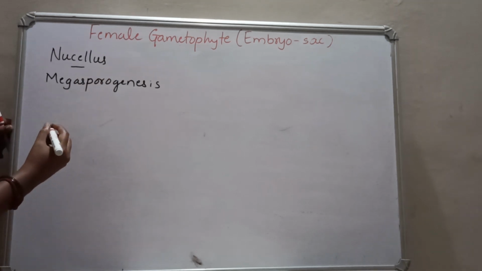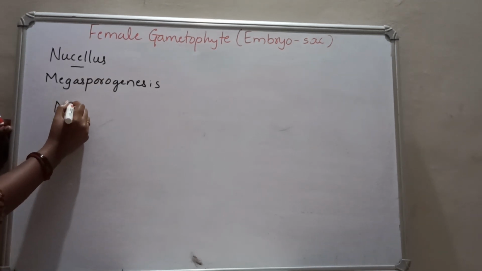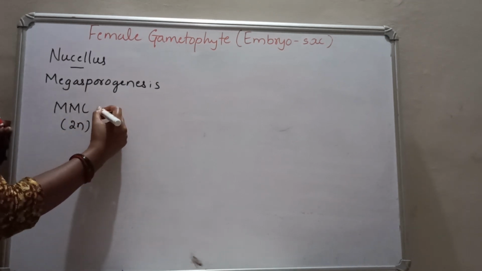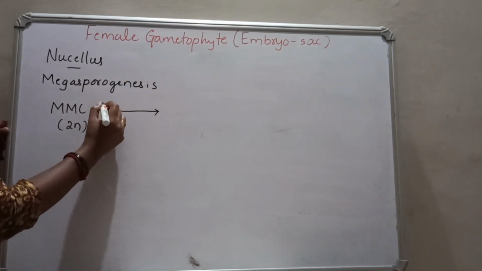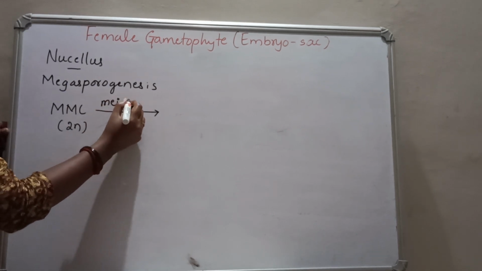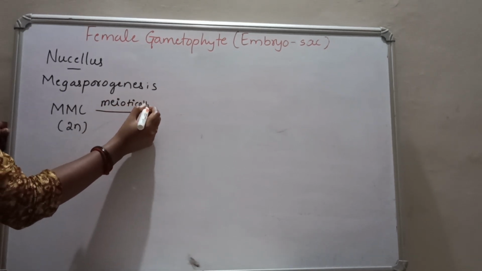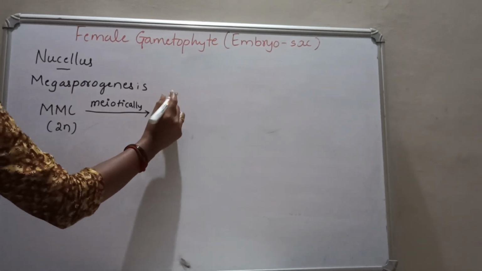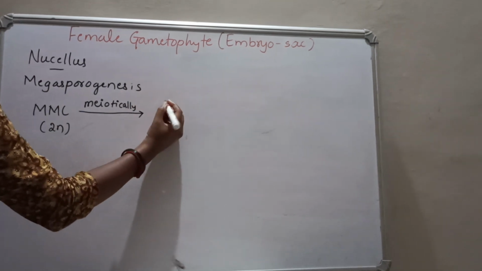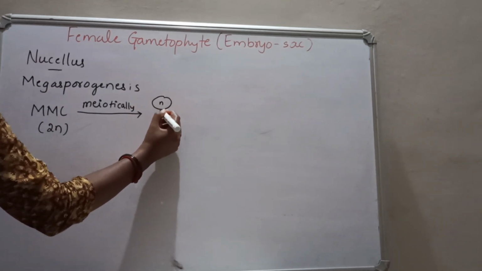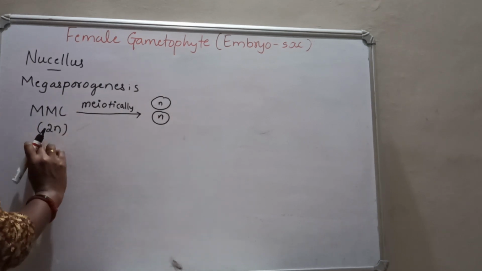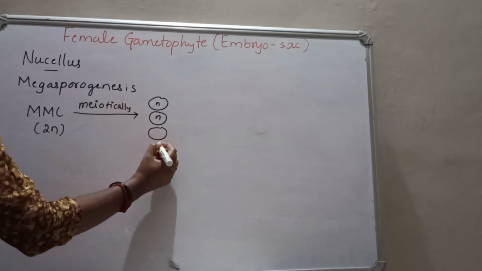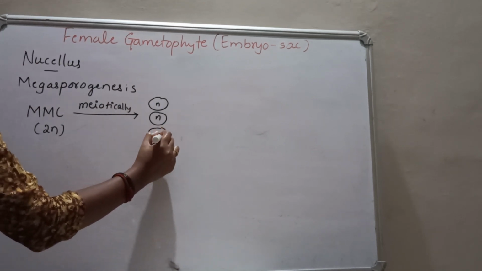In megasporogenesis, the megaspore mother cell, which is diploid in condition, divides meiotically and produces 4 megaspores, and these megaspores are haploid in condition.